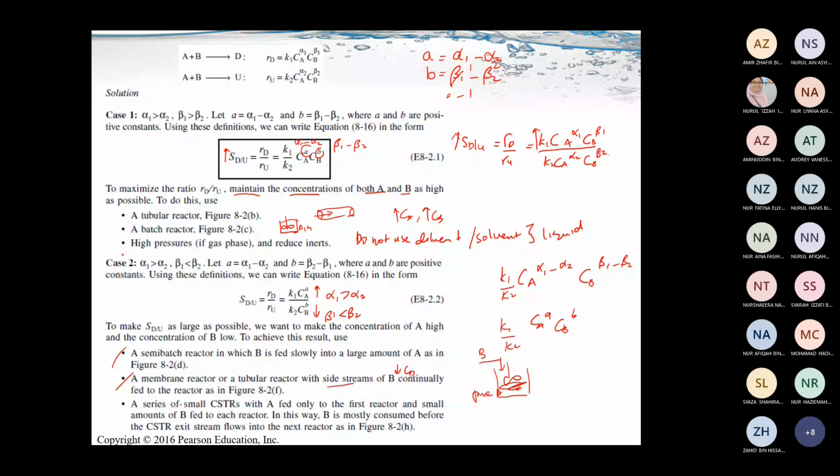Alright. Or a series of small CSTR with A fed only to the first reactor and small amount of B fed to each reactor. In this way, B is mostly consumed before the CSTR exit stream flows into the next reactor. Okay, so daripada situ kita boleh guna juga a series of CSTR.